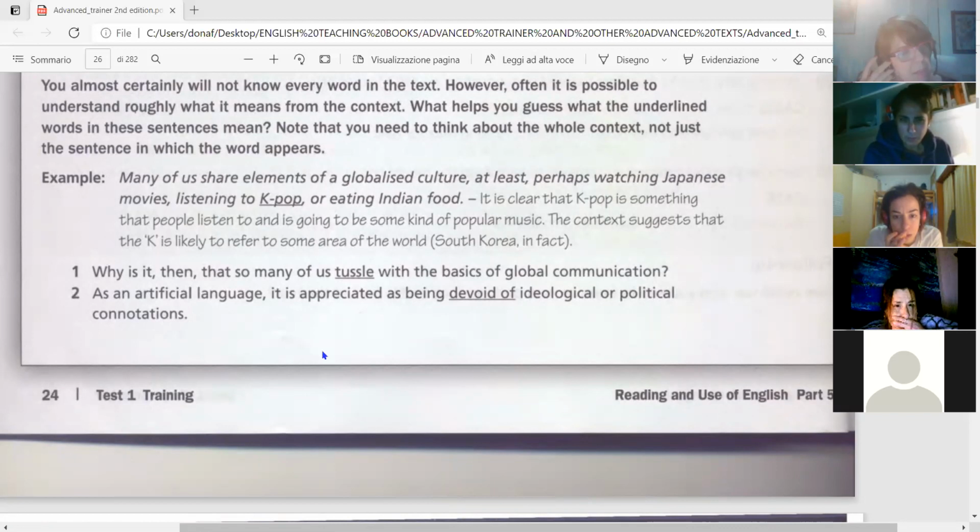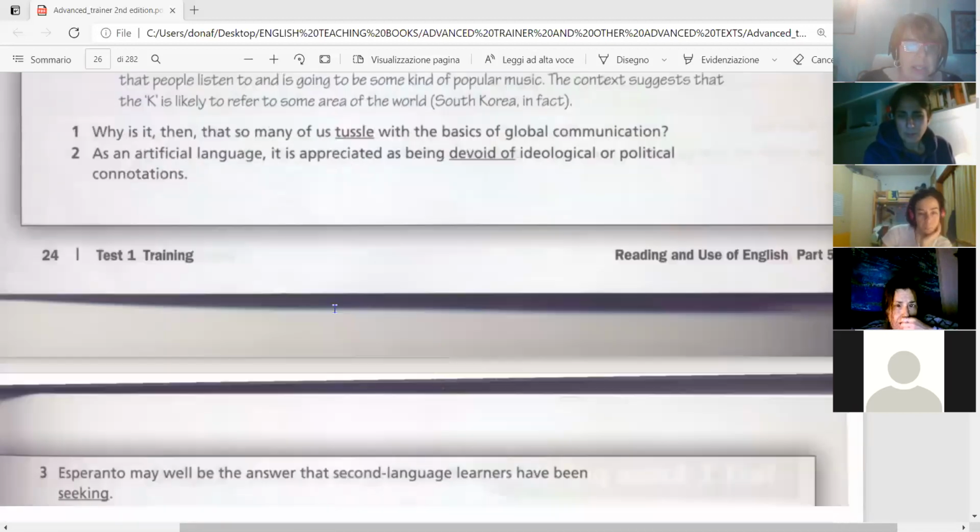What do you think devoid of means? Something like that you believe, or no, devoid, like devout, no. Don't get confused with the sound. In this case it means without, lacking of. Okay, lacking of ideological or political connotation.